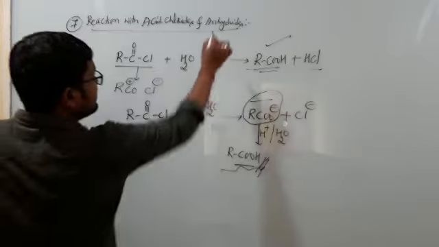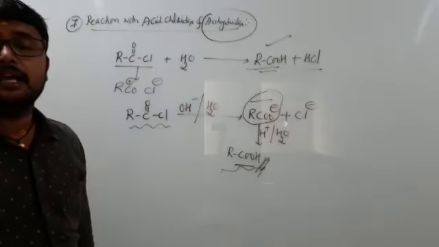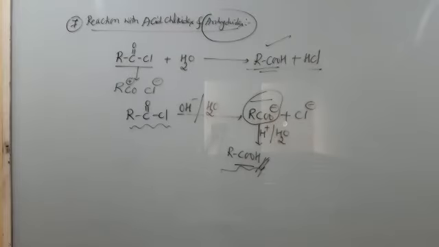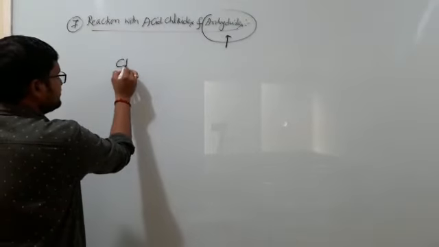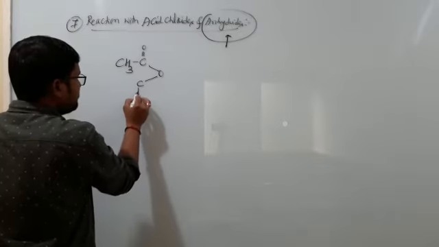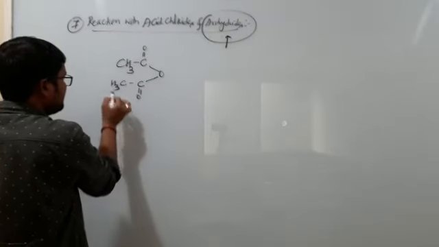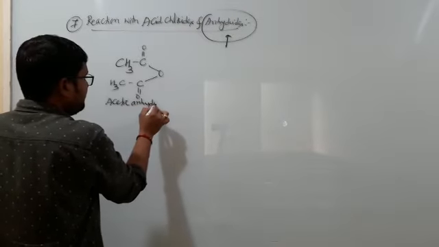Now let us discuss how these anhydrides will yield us carboxylic acids. So now let us continue the reaction with anhydrides. So that is CH3, C double bond O, O, C double bond O, CH3. This is known as acetic anhydride.